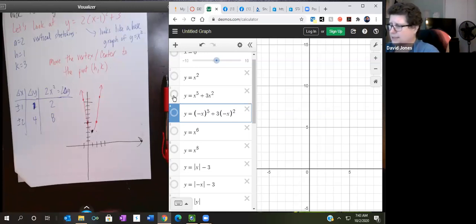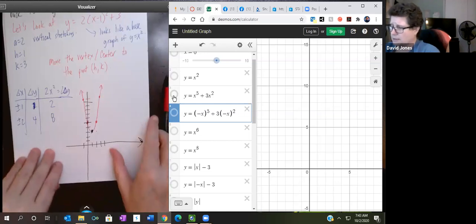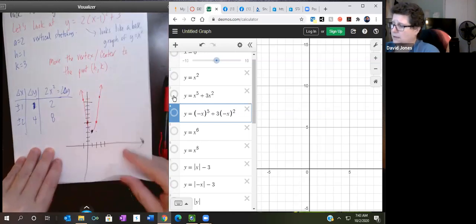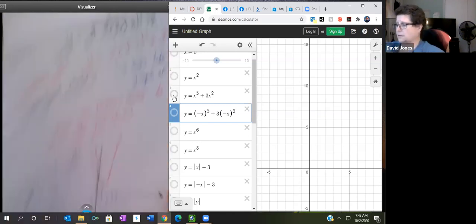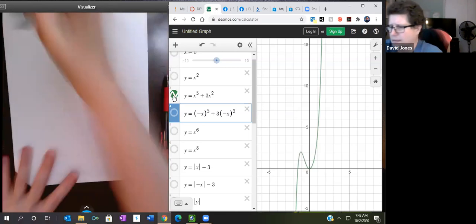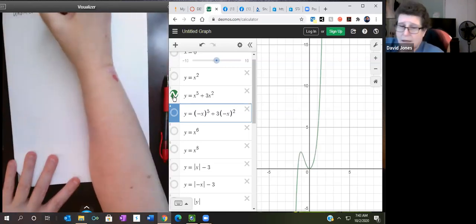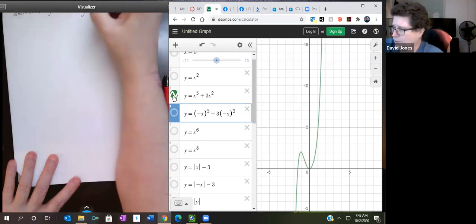Another way of doing this, and put up the same equation, y equals 2 times x minus 1 squared plus 3.